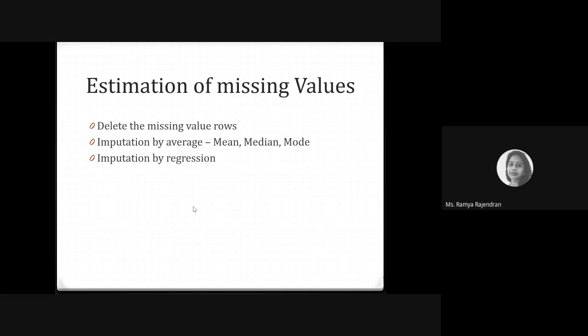Now we have to find out what happens if you have a lot of missing values in your data. I'm sure you have started using a lot of data with different factors, and you should have come across a lot of missing values, right?